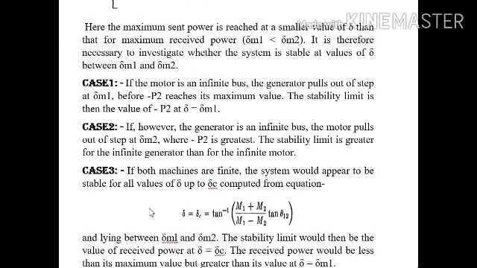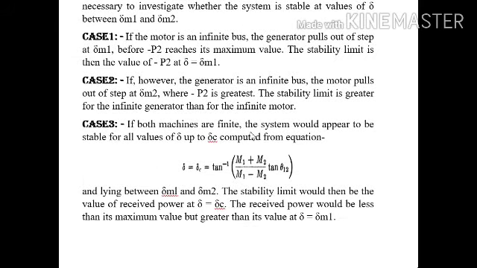Then case 3. If both machines are finite, the system would appear to be stable for all values of delta up to delta C, computed from the same equation as we have seen previously: delta equal to delta C, equal to tan inverse of (M1 plus M2 upon M1 minus M2) into tan theta 12, and lying between delta M1 and delta M2. Right?